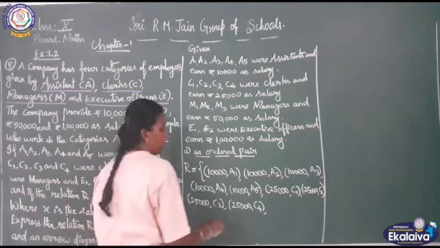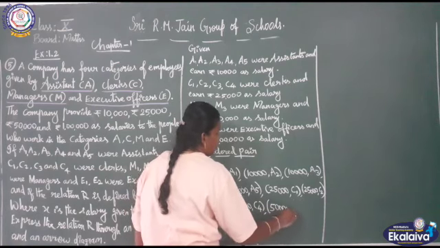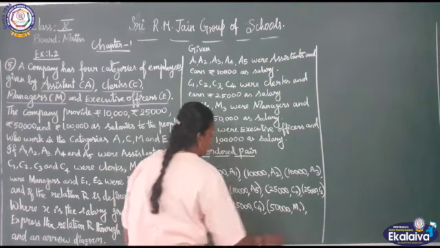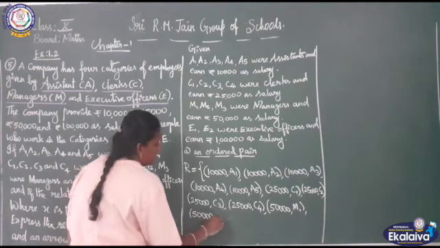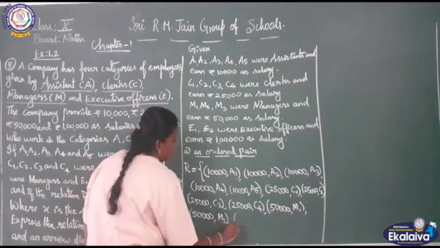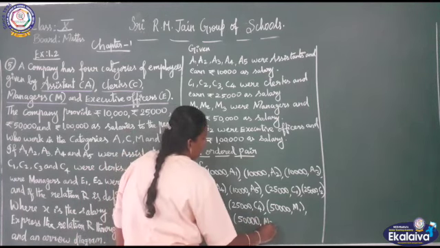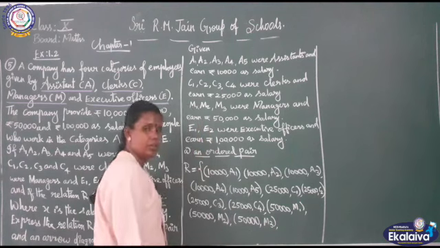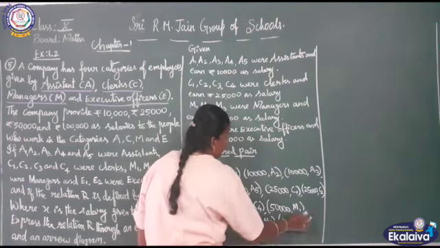Then we move to managers. Manager received 50,000 as salary: received by first manager, by second manager, then by third manager. Are you clear, children? Then for executive officers, they received 1 lakh. Am I right?